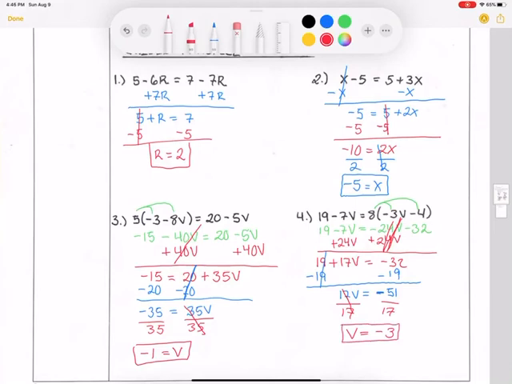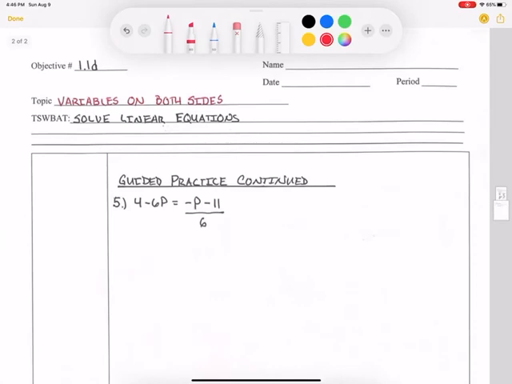All right, we have one more example. It is 4 minus 6p equals negative p minus 11 divided by 6. So in this case, I don't have parentheses to get rid of, but what I do have is a fraction. I want to get rid of that fraction because I can't move negative p or negative 11 until I do.